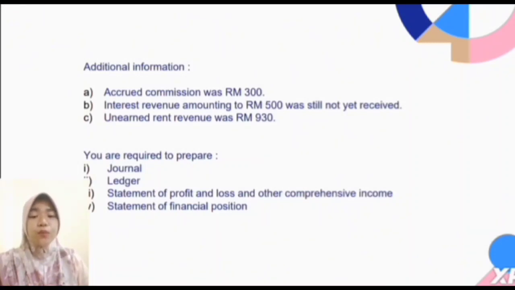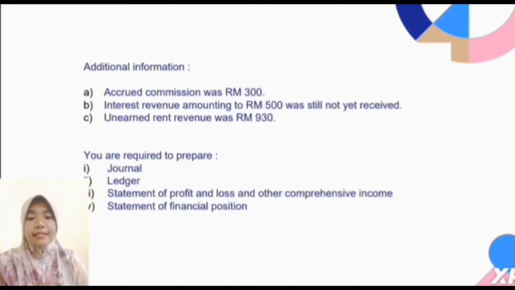Interest revenue, we know that as a revenue, but in this transaction we recognize the interest revenue as accrued revenue because it was mentioned that 500 was still not yet received. So this is similar to transaction A, which is accrued interest revenue.